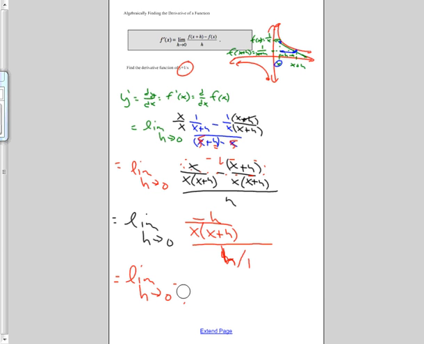Negative h over x times x plus h, that's the numerator, times the reciprocal of the bottom, 1 over h. And when we do that, these h's here can cross off. Those aren't additional x's, those are the h's crossing off.